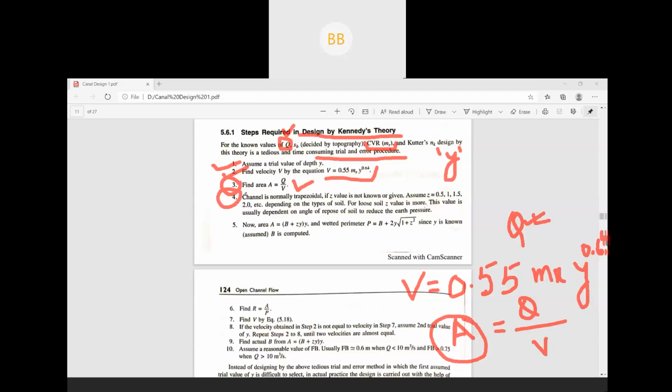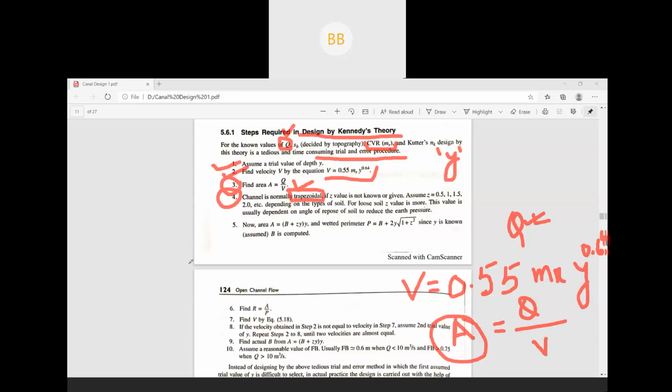In step number four, we normally consider this channel section to be trapezoidal. The trapezoidal section is the most appropriate, so that is why we normally consider it.